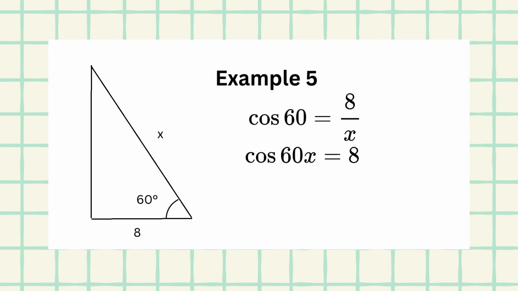The answer will be cos 60x equals 8. We can see that a value and pronumeral are next to each other. Cos 60x. And from algebraic knowledge, a number next to a letter, there is an invisible symbol in between which is multiply. The opposite of multiply is divide, so here we'll leave x by itself. X equals 8 over cos 60, so our answer will be 16.